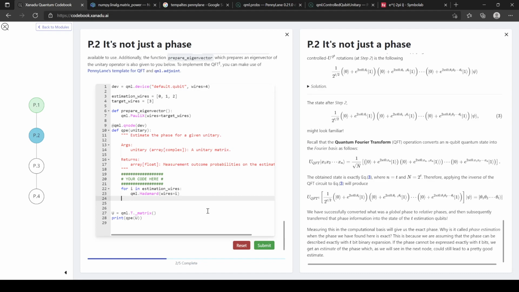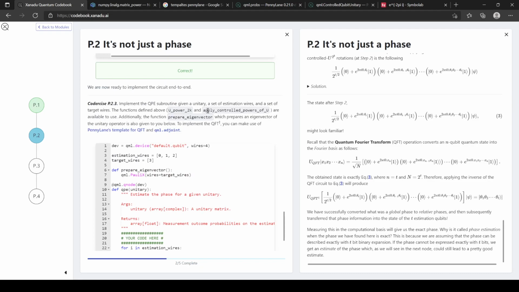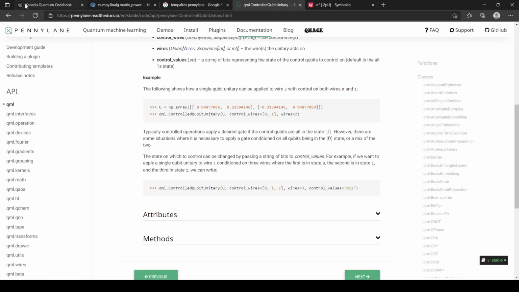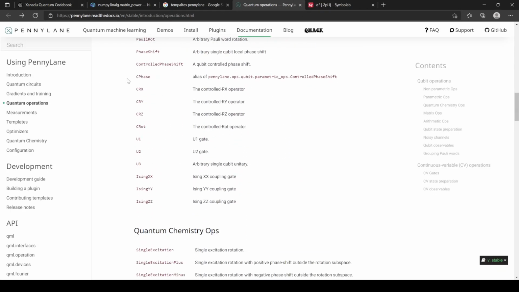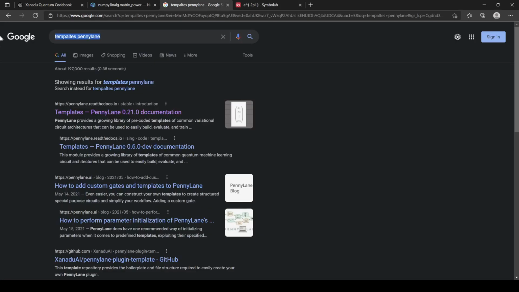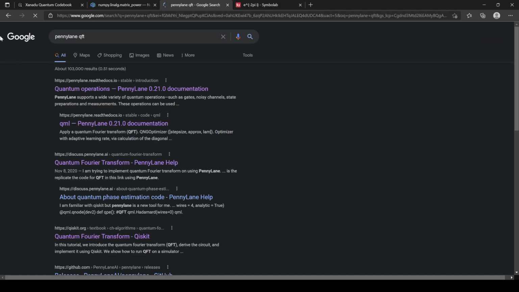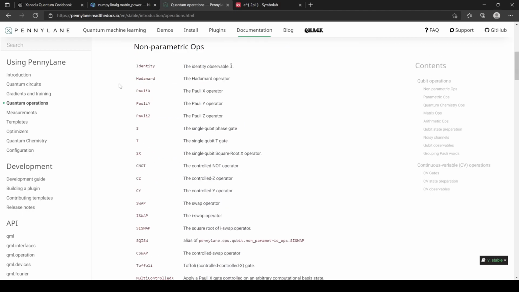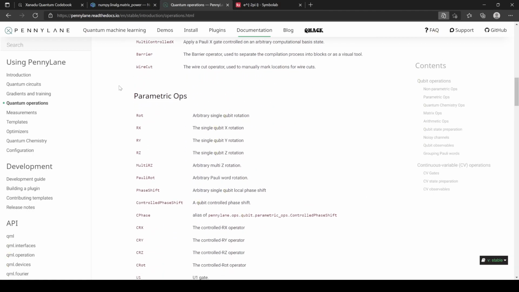Now we want to call our apply controlled powers of U, unitary, and now we want to do the dot T. Somewhere on here is a.